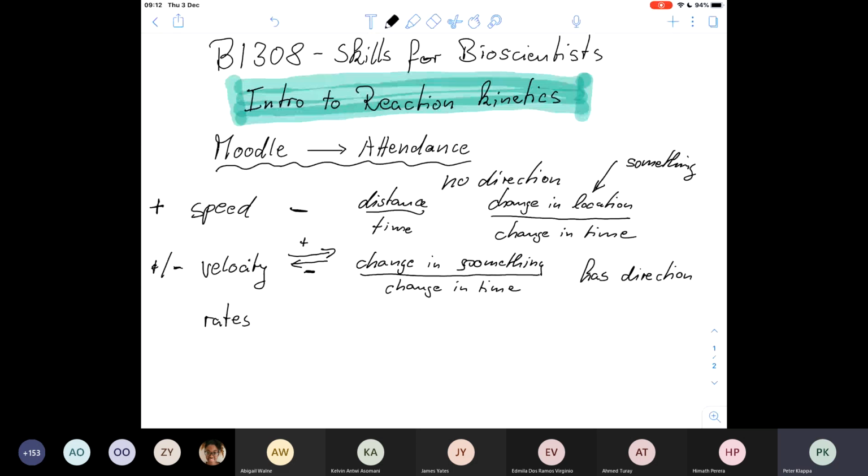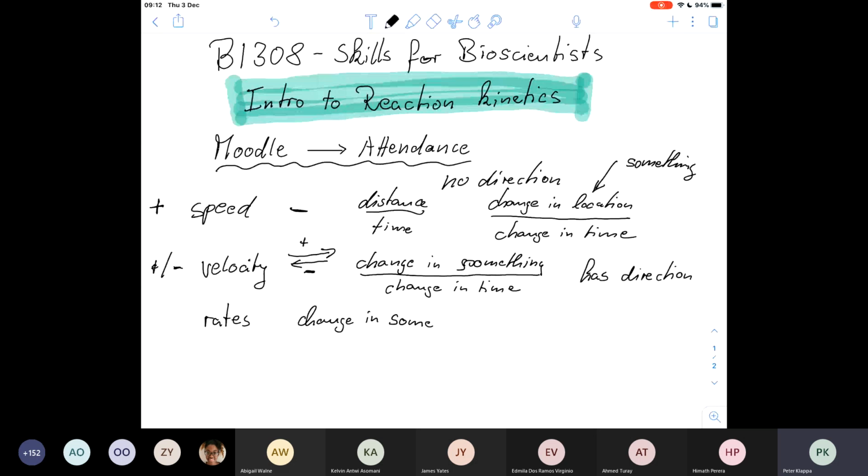Bernardo, I love your definition because rate is exactly that. It is a change in something, a change in one quantity. Let's write that down.